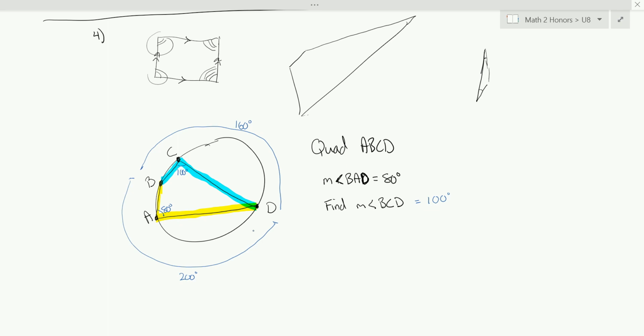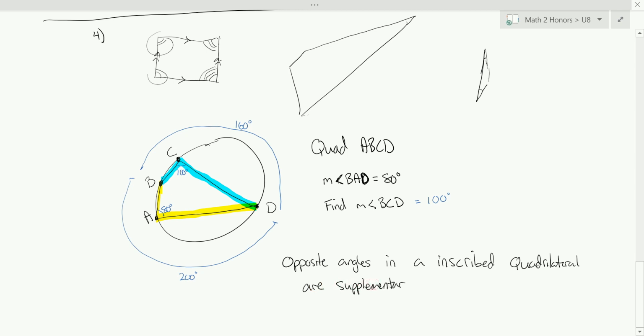So let's jot that down because that's another important thing to know. Opposite angles in an inscribed quadrilateral are supplementary, which means they add up to 180 degrees.